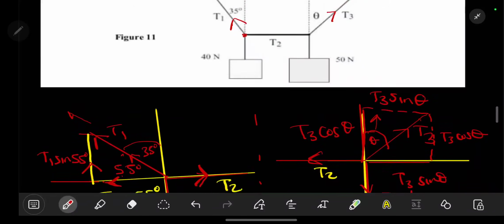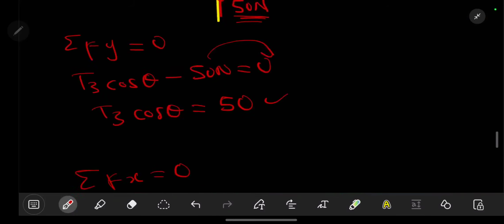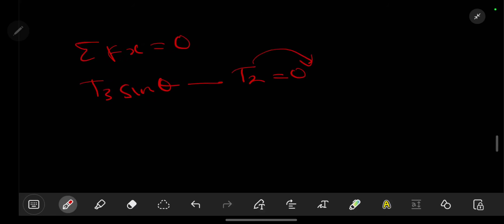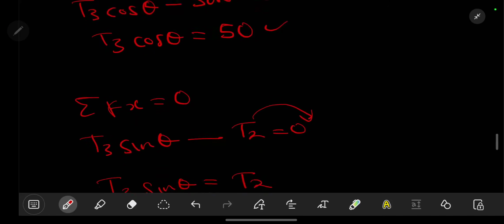So the free body diagram is isolated. So we are going to have something like minus our T2 should be equal to 0. We take the T2 the other side, it will be our T3 sine of theta should be equal to our T2 like that. Now what do we have?